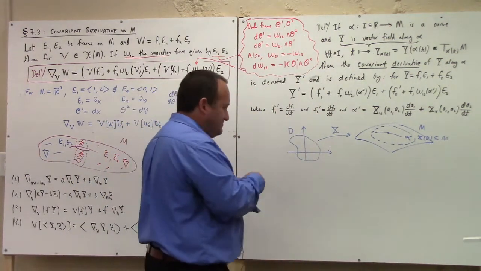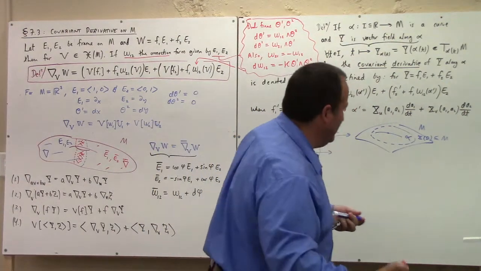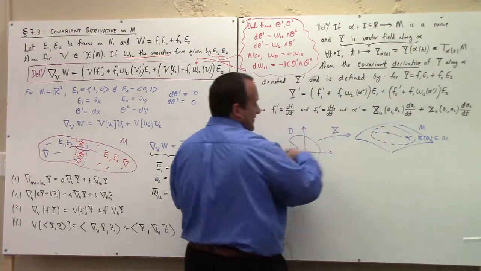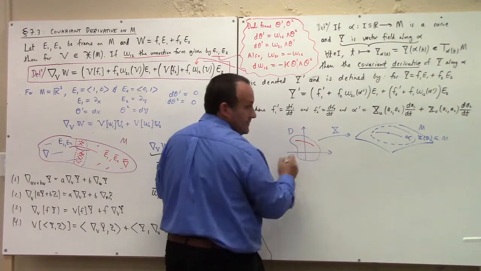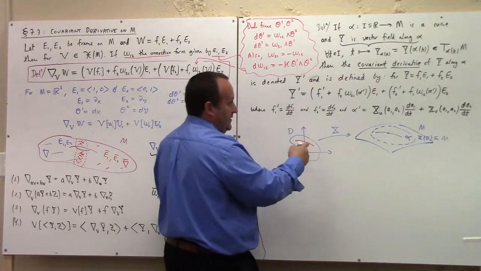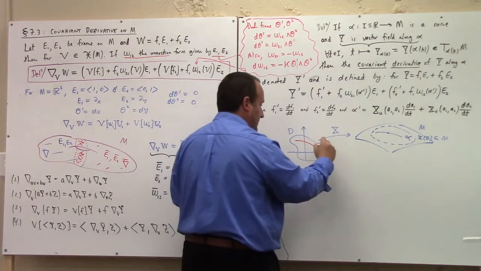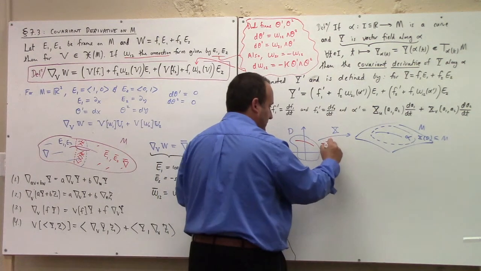So what's done, this is a little bit sneaky, but you think about the inverse image of this curve under the x map. So back here, there's a curve, and that curve is x inverse composed with alpha.